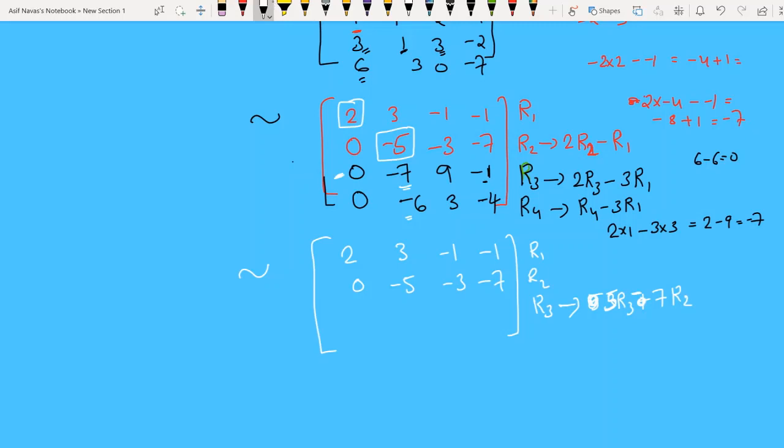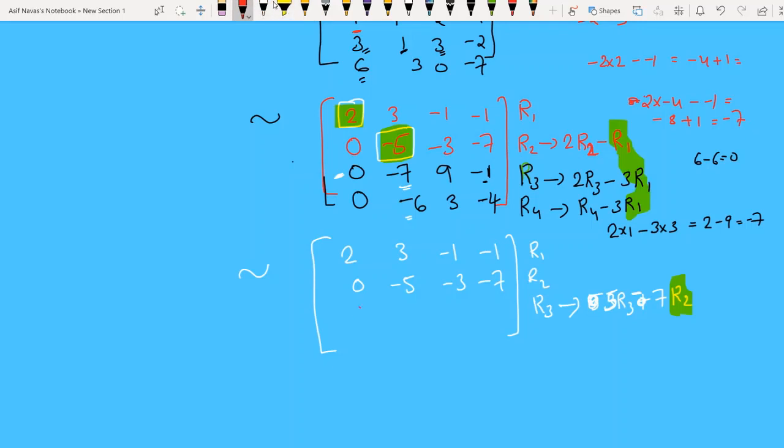Why? If you are taking the second pivot then this 0 will get changed. So always if you are taking the second pivot you have to take the second row here. So here pivot 2, then we are taking this row. Then it will be easier.